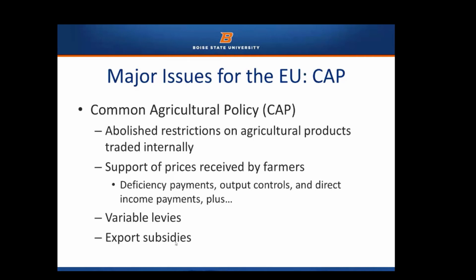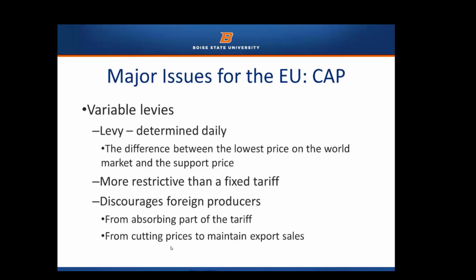So if a farmer is growing a crop and exporting it to another country, then oftentimes the government will provide a per unit price subsidy, X number of dollars per bushel, for example. And we do that, the United States and the EU both do that quite a bit.